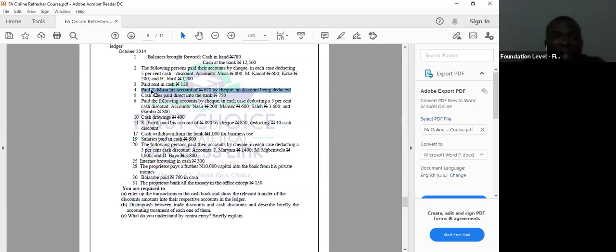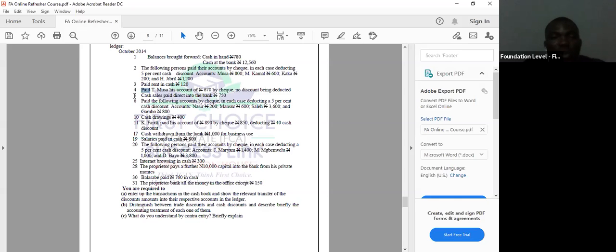If the same is paid and not received, that means there's a typo here. This should be received. It means that Musa paid us, so we are receiving it. So this should not be paid, please, because if it's paid, it means that we are paying Musa. It's meant to be on the credit side. So it is on the debit side. Then it means that Musa is the one paying the company.